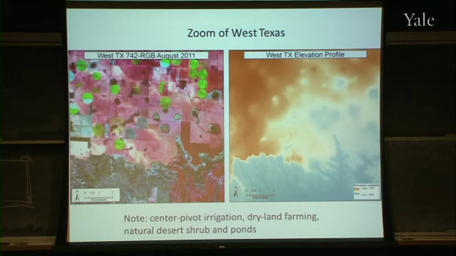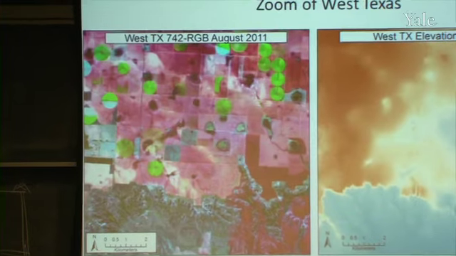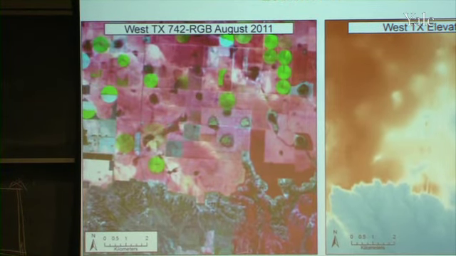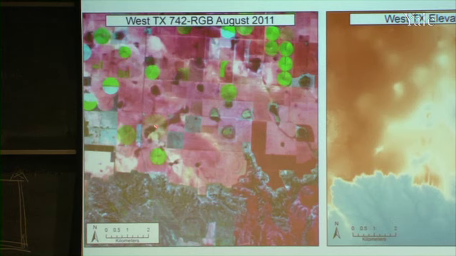Well, what do you see? The black dots are ponds, mostly farming ponds used to store water. The green circles are, of course, center pivot irrigation, which is the most cost-effective way of irrigation in West Texas. The rectangular fields, you see how they've got nice rectangular outlines.